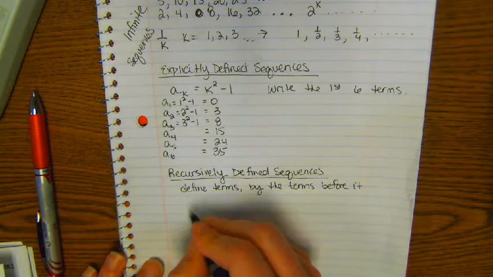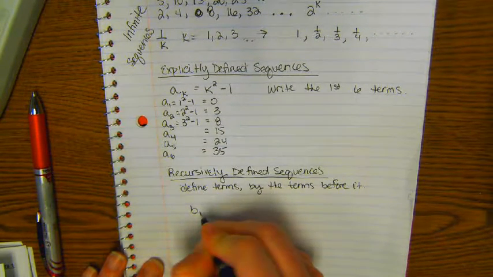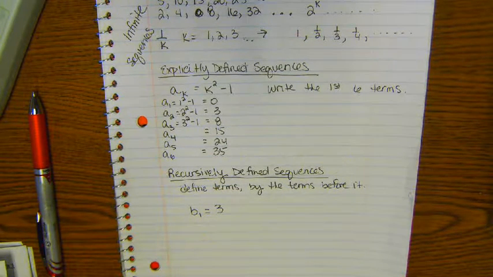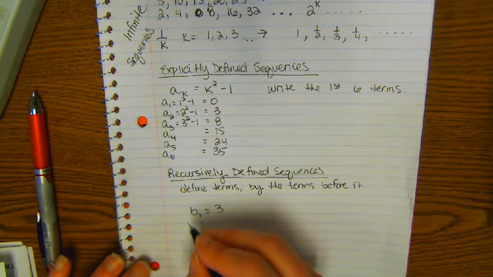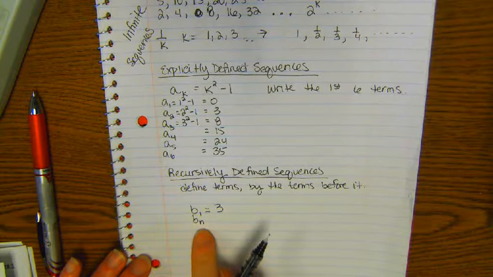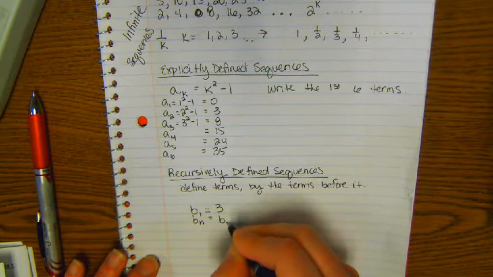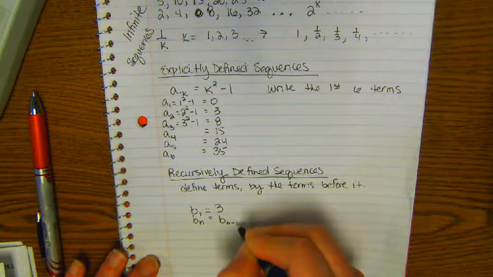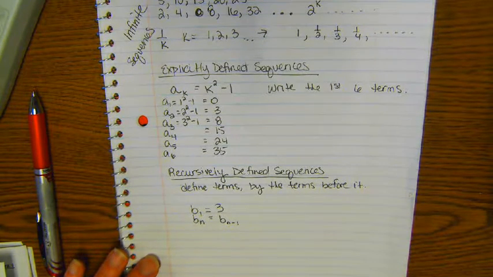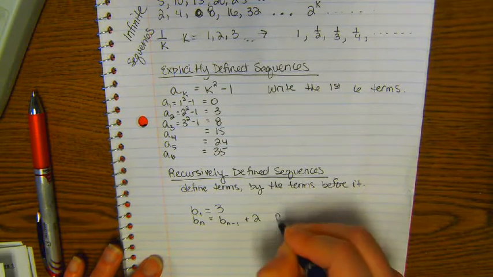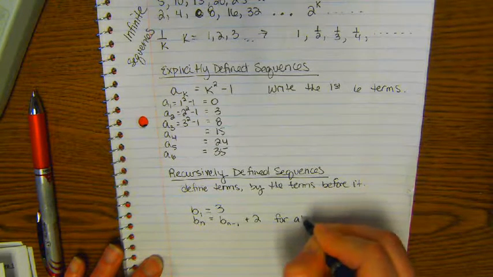So I'm going to write b sub 1 equals 3. Tell me what that means. If I said b sub 1 equals 3, our first term equals 3, that's all that means. To find b sub n, the nth term, we're going to take b sub n minus 1 plus 2 for all n greater than 1.